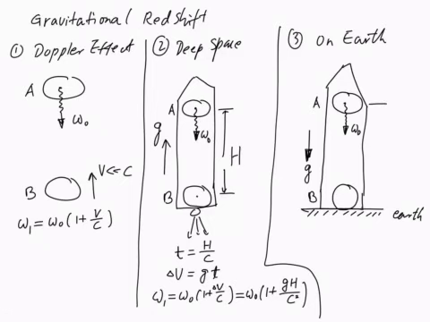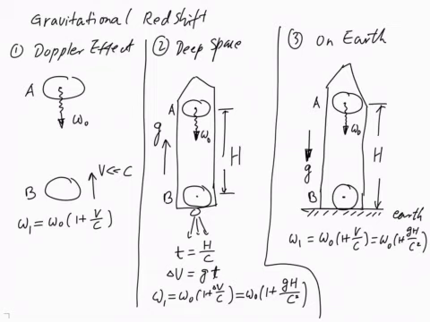If the height between these two objects is h, then Einstein's principle of equivalence tells us all optical phenomena observed should be the same. That means omega 1, the frequency observed by B, should again equal omega 0 times (1 + v/c), and in this case omega 0 times (1 + gh/c squared).